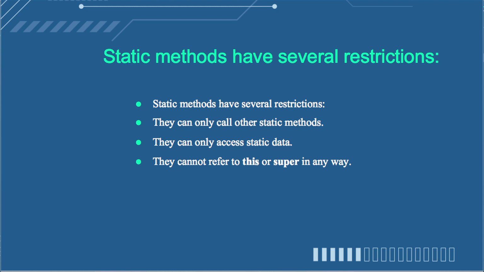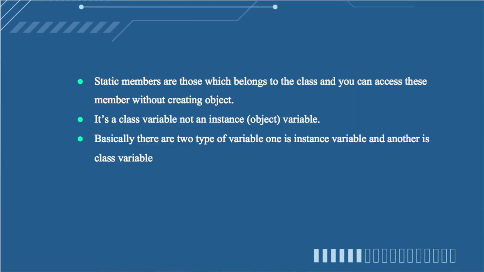There are some important points regarding static members that you must remember. Number one, static members are those which belong to the class, and you can access these members without creating an object. Number two, it's a class variable, not an instance variable.